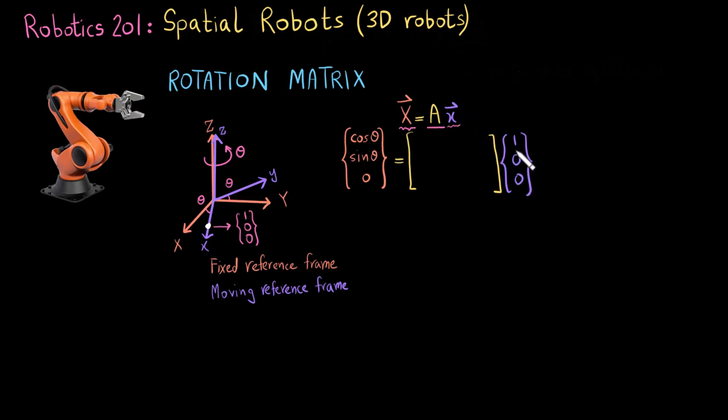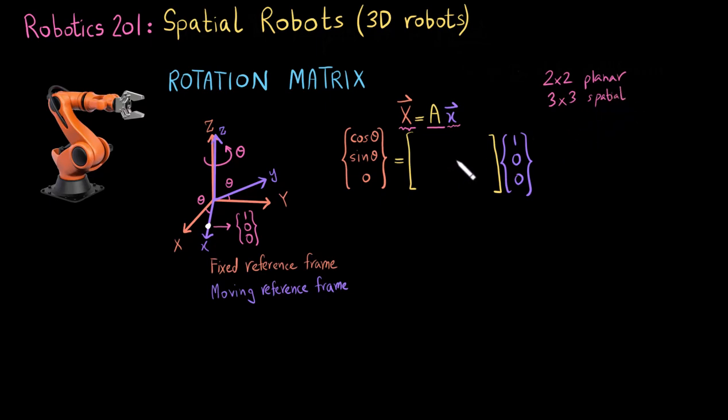So my small x is 1, 0, 0 and my big X, just by simple trigonometry, I can see that it is 0 in z, and in x it is cosine of theta, and in y it is sine of theta. Now, if you remember, for the 2D planar case, my rotation matrix was a 2 cross 2 matrix. For the 3D spatial case, it is a 3 cross 3 matrix.